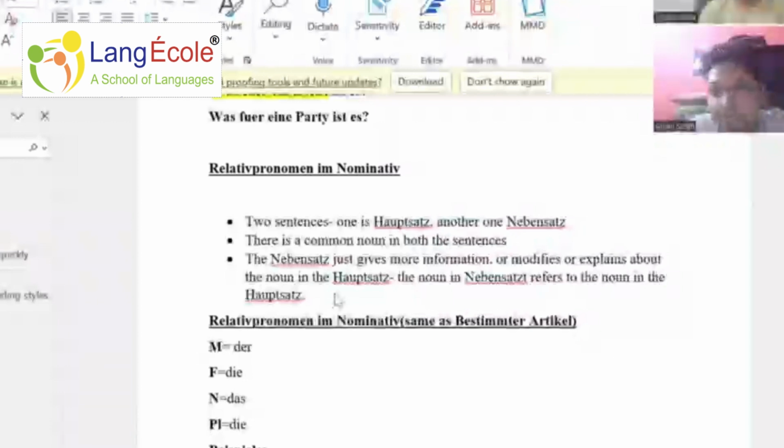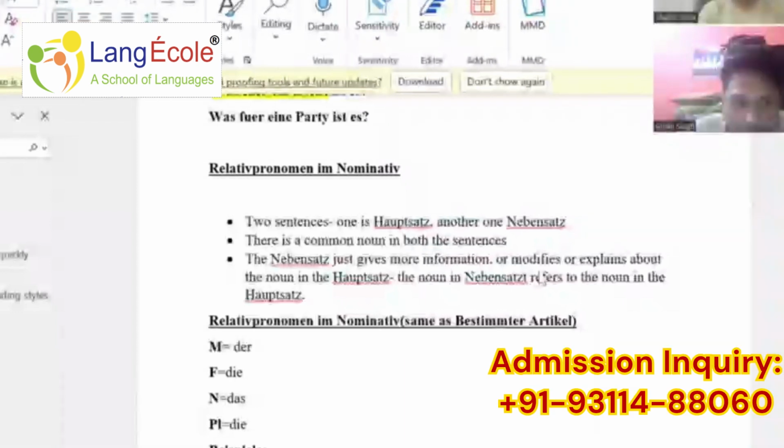Now, she is just beautiful is giving more information about the first clause, the Hauptsatz. So, what is the noun in our Hauptsatz? Girl. So, about the girl, we are explaining more in our Nebensatz. The noun in the Nebensatz refers to the noun in the Hauptsatz. Obviously, the noun will be common, that is the girl.